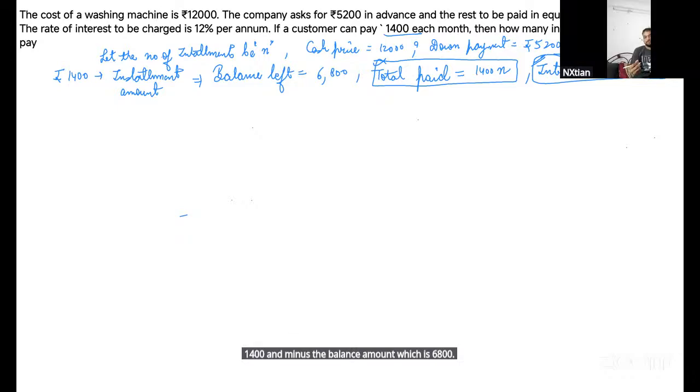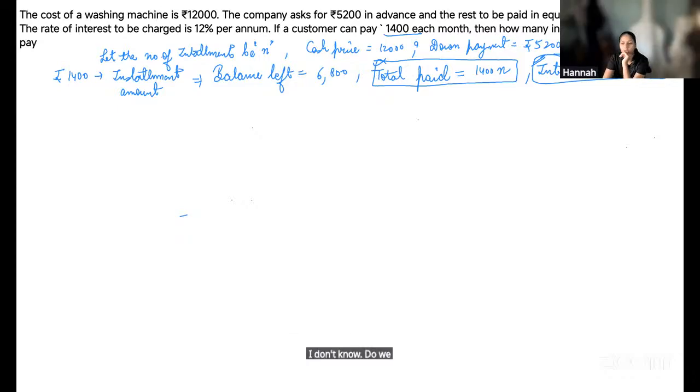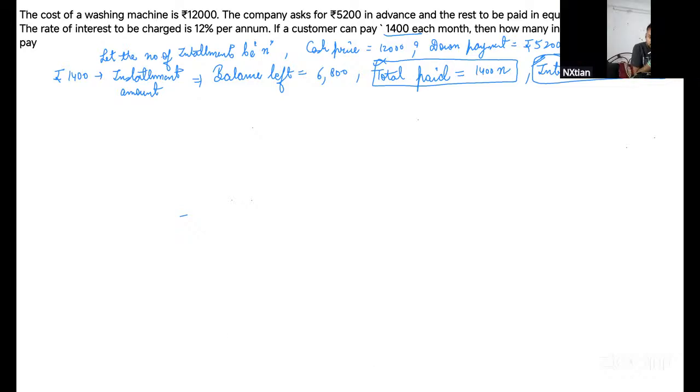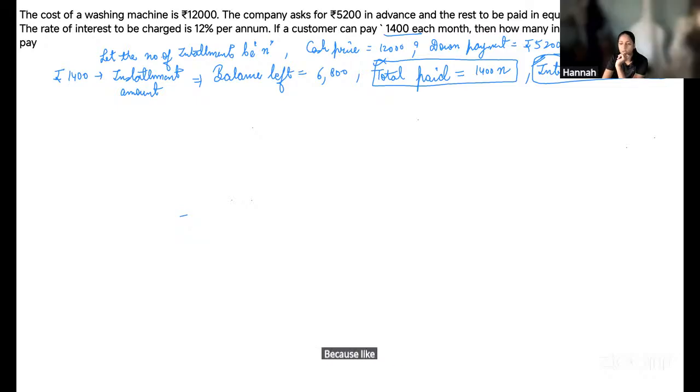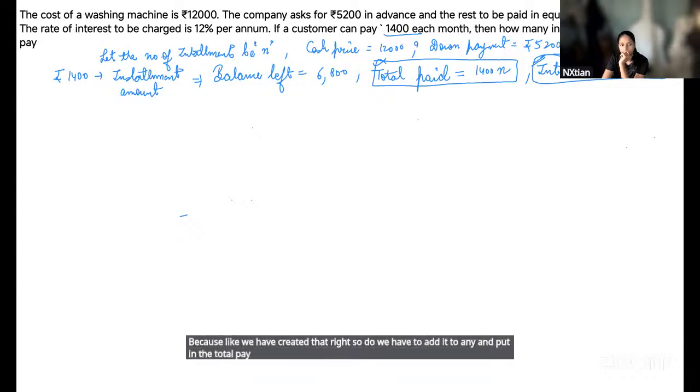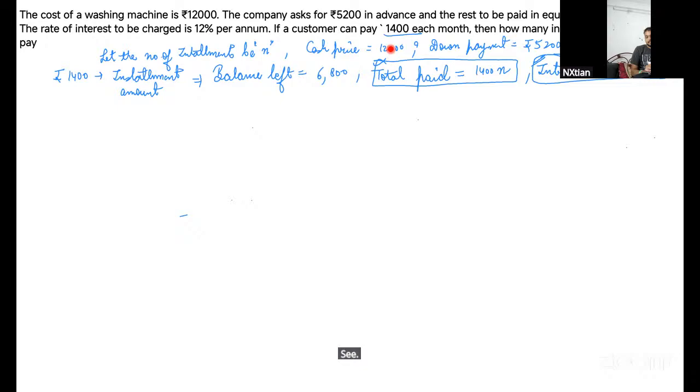Yes, who said? Hannah, yeah. Do we have to add the down payment also because we paid that? Down payment you have to add. Why? Because we have paid that, right? So do we have to add it when we are putting the total paid? See, if we are taking cash price, then we have to subtract the down payment also.